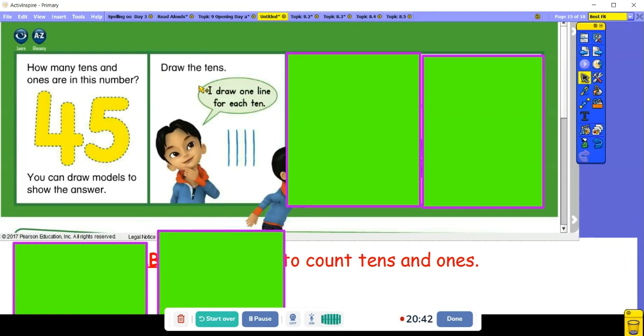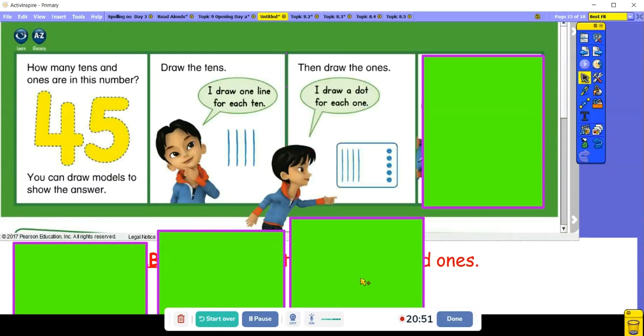So we can draw our tens. And again, you can use lines, or like I like to do, I like to use rectangles. Then draw your ones, and your ones can be as simple as a dot or a little square. So here they have 1, 2, 3, 4 groups of 10 and 5 ones representing 45.